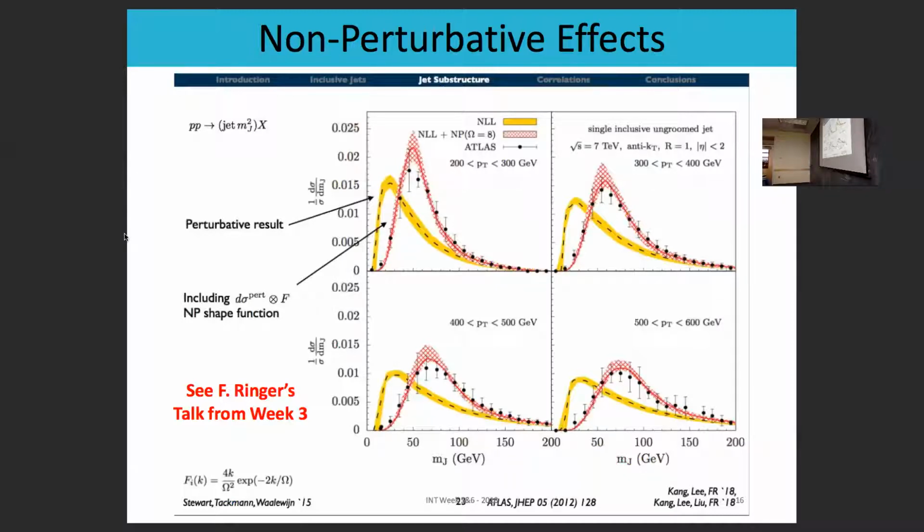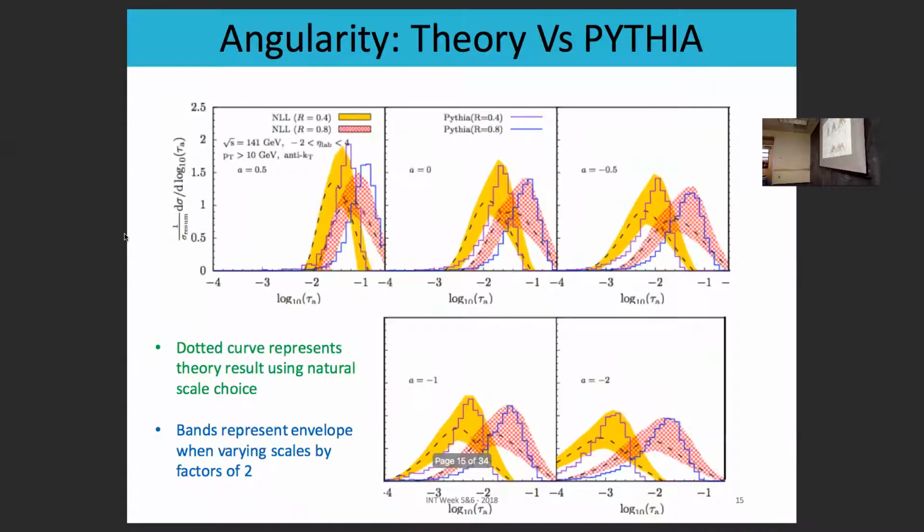But then they parameterize some non-perturbative effects using this shape function f, and with one parameter they could pull their perturbative calculation into agreement with the data. So I think we could play a similar game here.